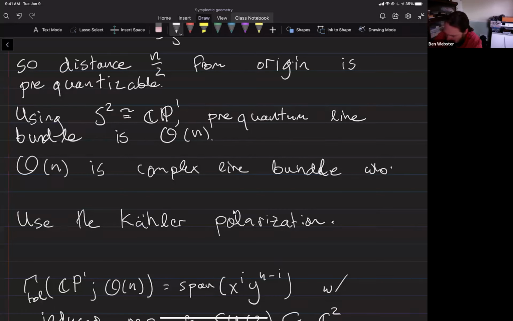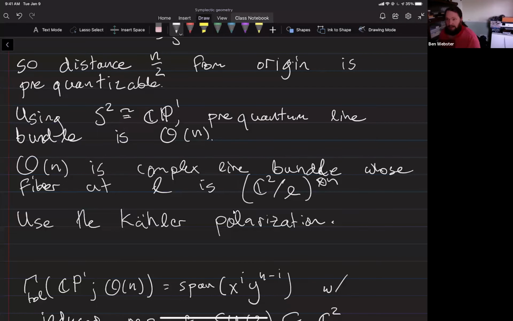Whose fiber at L is C2 mod L to the nth tensor power. And that's exactly why a homogeneous degree n polynomial defines a section.